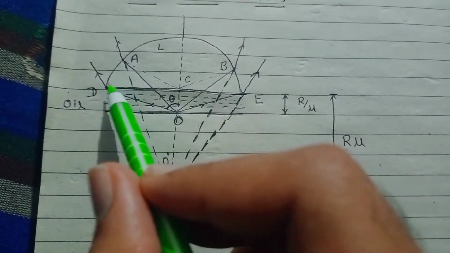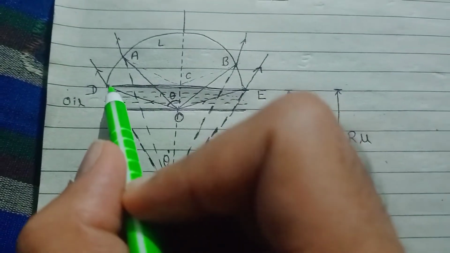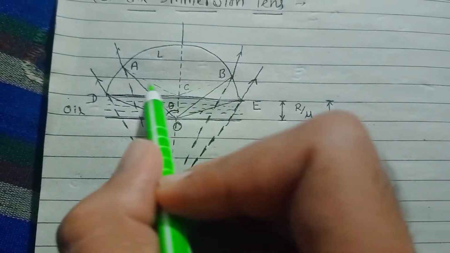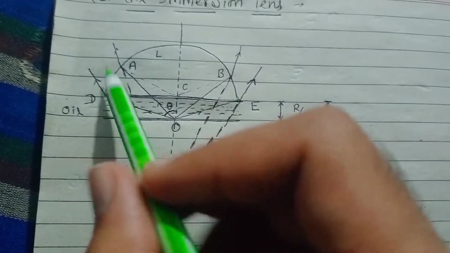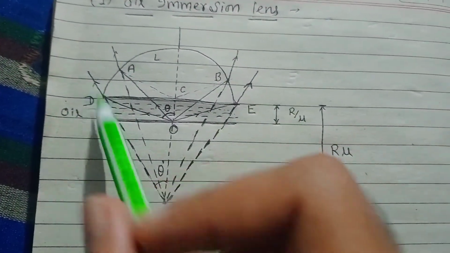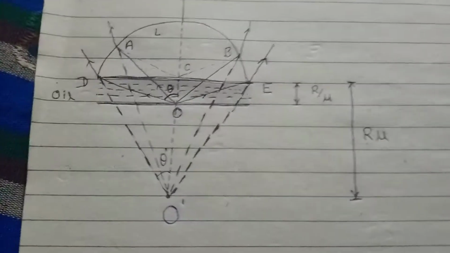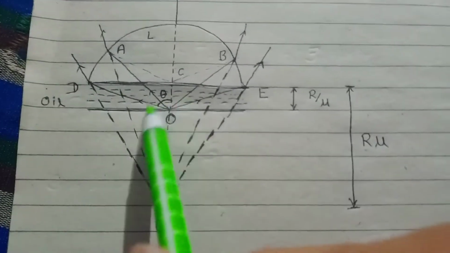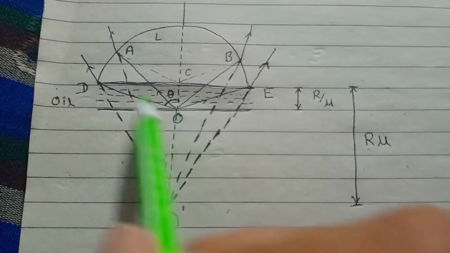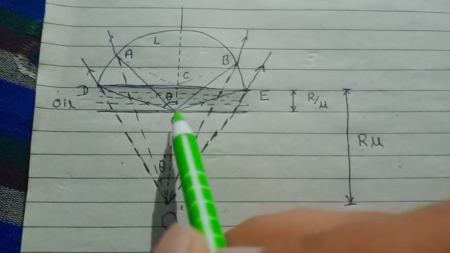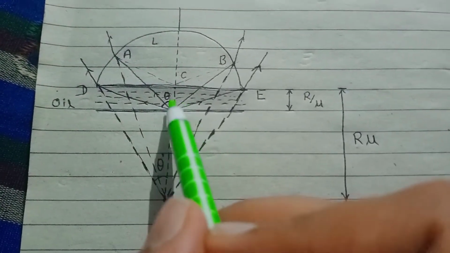If you consider a circular surface above, it will be considered a cone. The semi angle of the cone of these incident rays from point O we consider as theta.